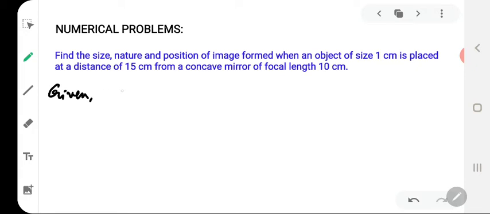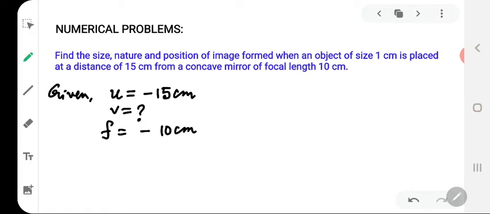The given values are object distance, which is always negative, so object distance is minus of 15 centimeter. Image distance, that has to be calculated. Focal length for a concave mirror is always negative, so it is given 10 centimeter, and as per sign convention we put a minus sign. Now we have to use the mirror formula.